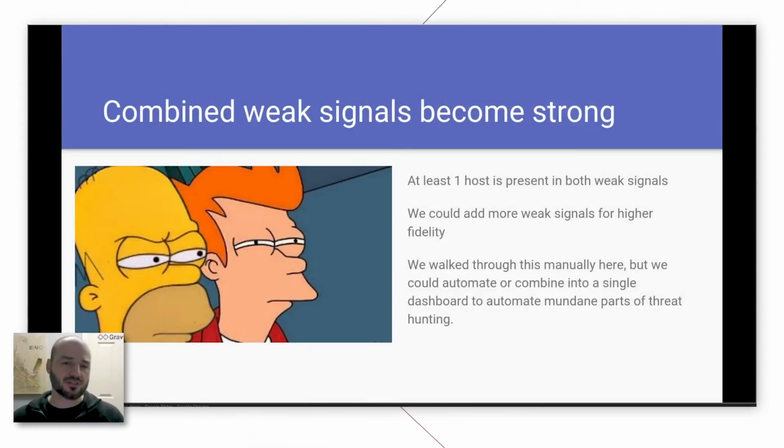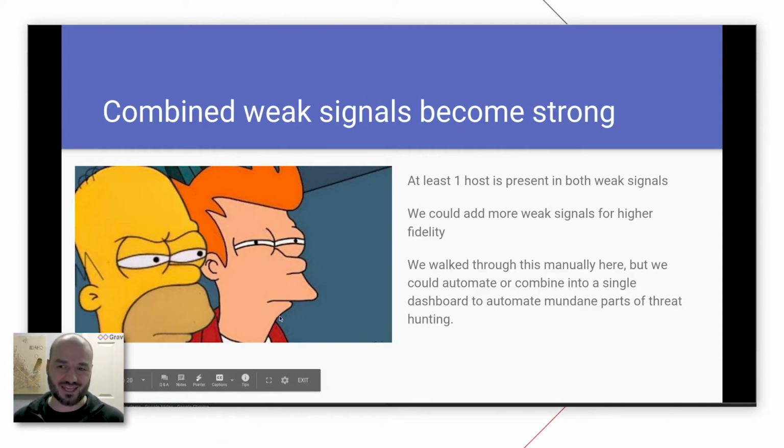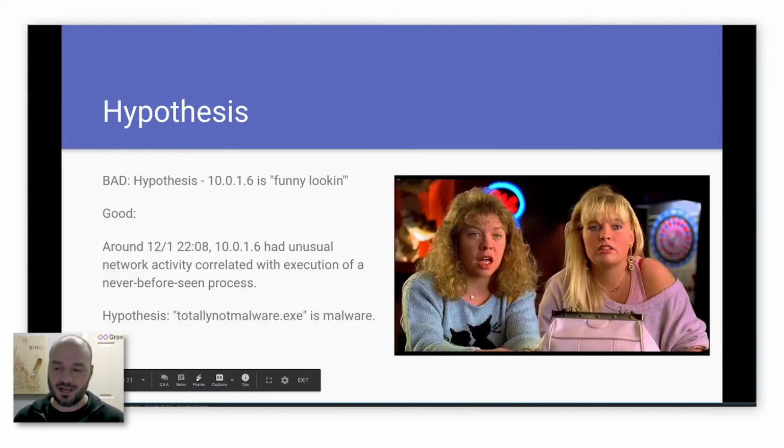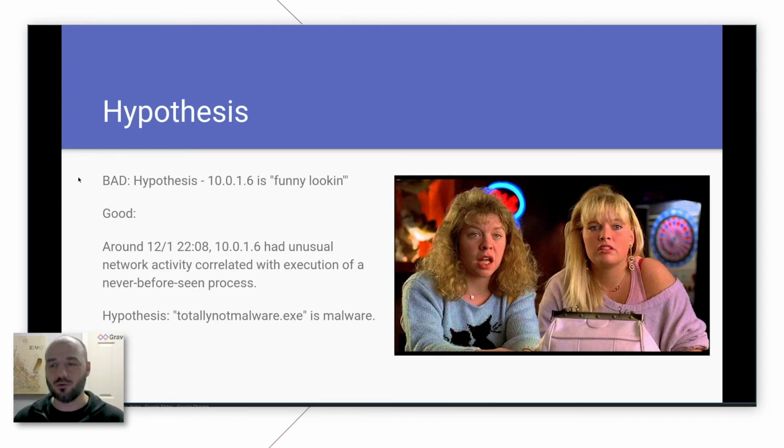Let's create a hypothesis. An example of a bad hypothesis is "10.0.1.6 is funny looking." Just like in Fargo, funny looking how? You've got to be a little more specific. We've already got a time where we initially saw that increased network activity, so we say around 12.1 at 22:08, the IP address 10.0.1.6 had some unusual network activity correlated with the execution of a never before seen process.